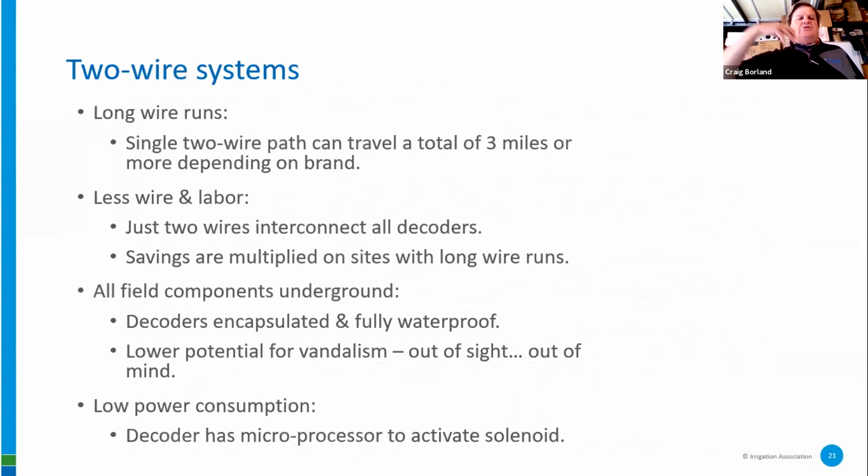It works so much better. So yes, you have long wire runs. In some cases, up to 3 miles away, depending on what brand you use. 3 miles away. That's a significant distance. It's just 2 wires to interconnect all these decoders. So it's a lot easier, a lot cleaner.